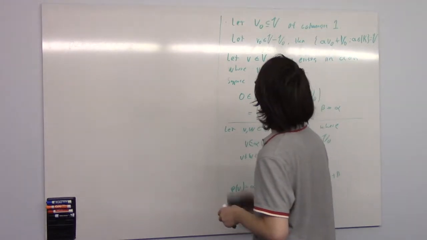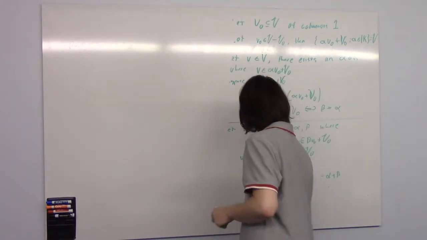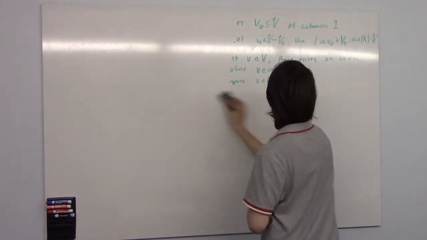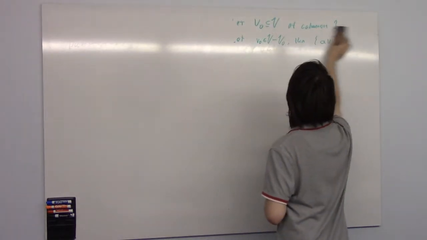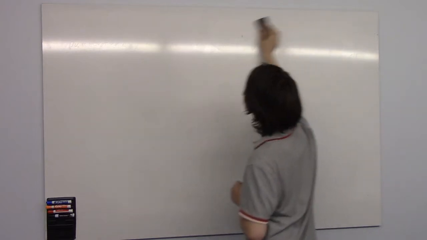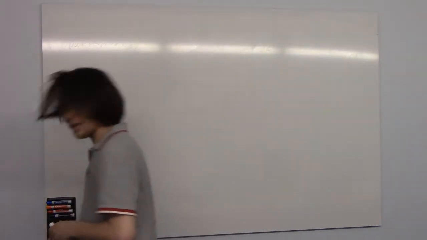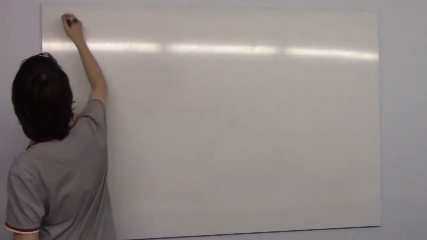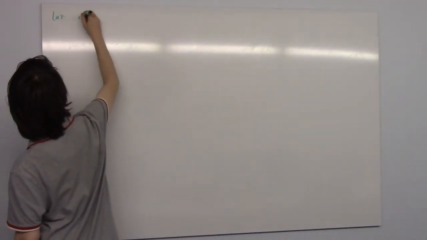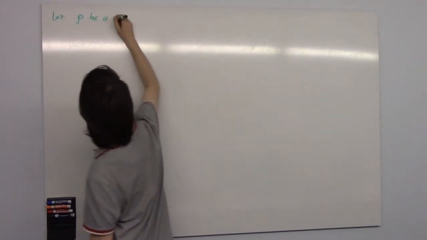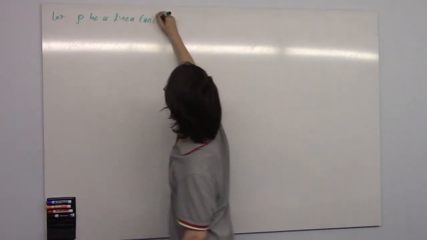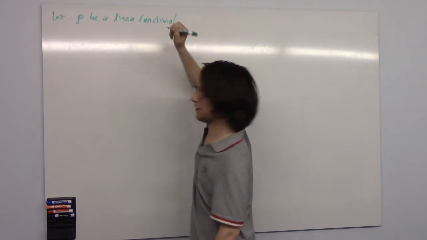Next, let's erase the board so we have some space. First, we have some linear functional rho. So let it be a linear functional.